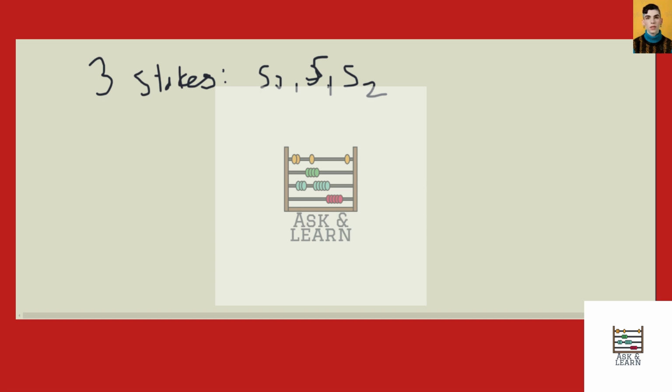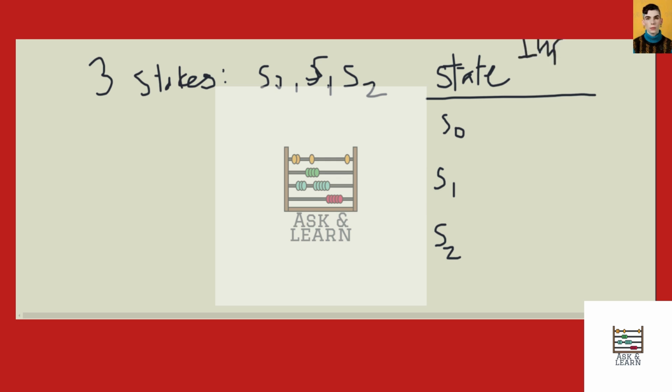And we're going to construct a table with two columns. On the left side, we have the different states, S0, S1, and S2. And on the right side, we'll have the inputs, which could be, in this case, either 0 or 1. If there's an arrow from a state Si to another state Sj with a label X, then we'll write down Sj in the row Si and in the column X of this table.